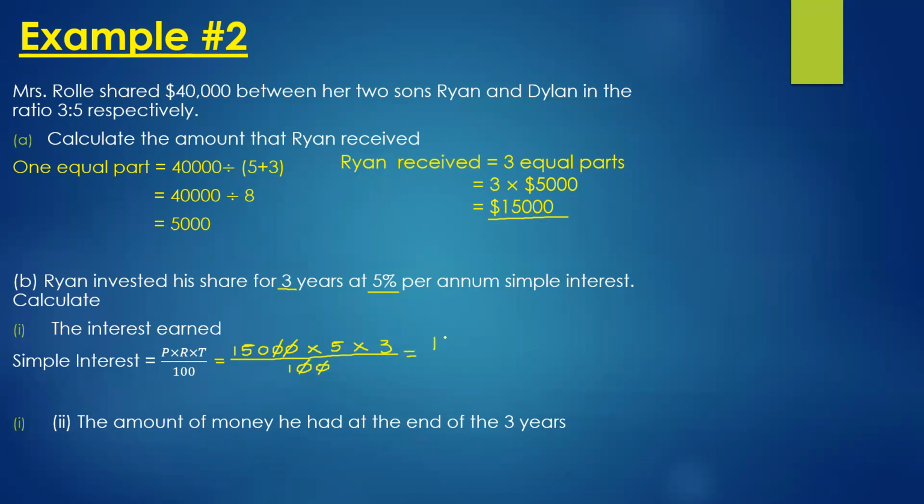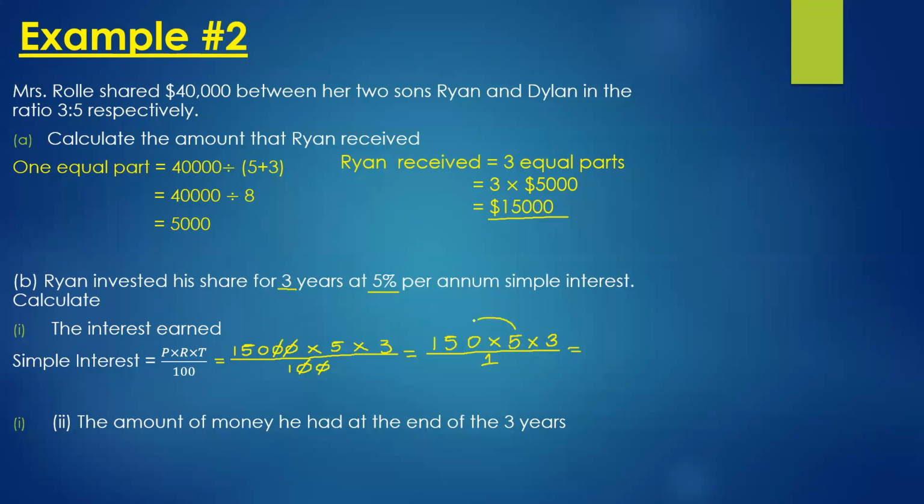So I mean, rather, 150 times 5, all divided by 1. It's going to be equal to 750 times 3.